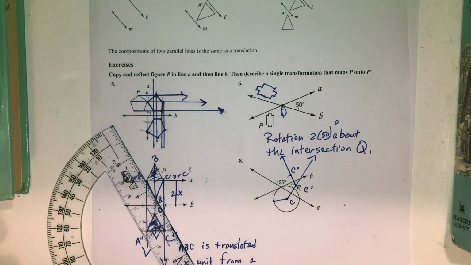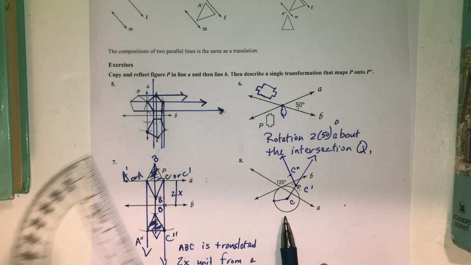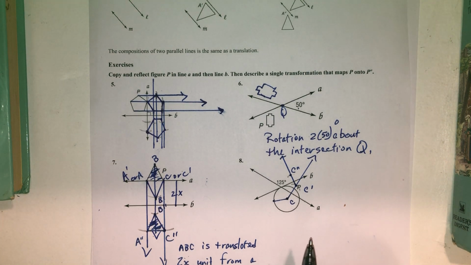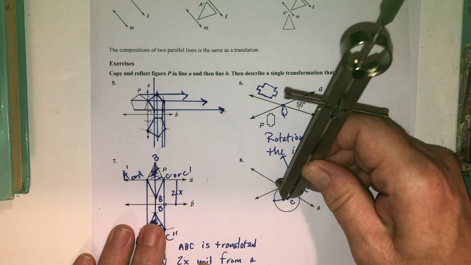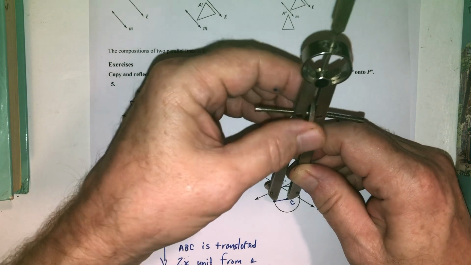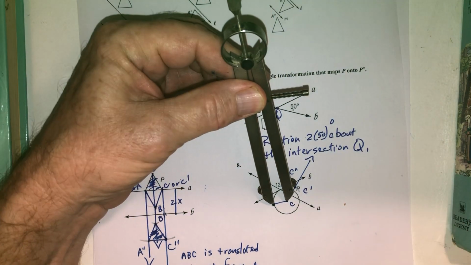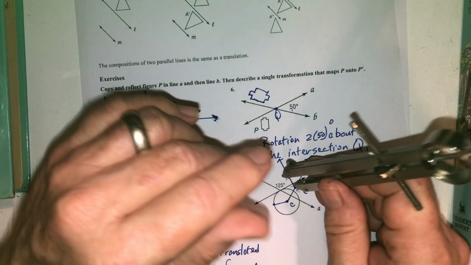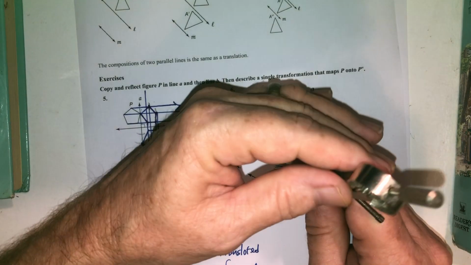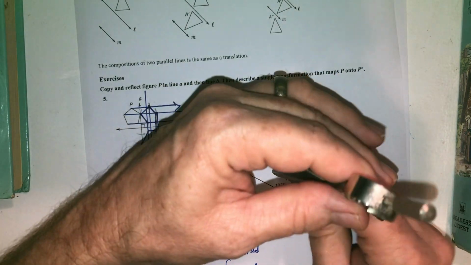That will be the center of the circle that is reflected about line A first and then about line B. Now all we need is that radius on our compass. So I'll take my C, measure my radius. There's my radius. And then from C double prime, I will draw that circle.